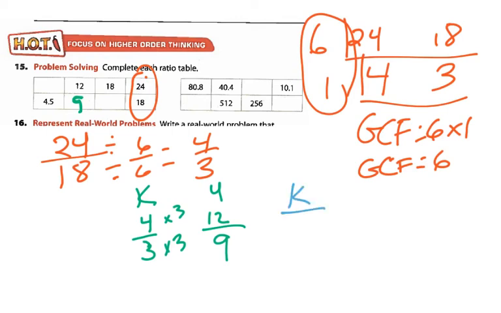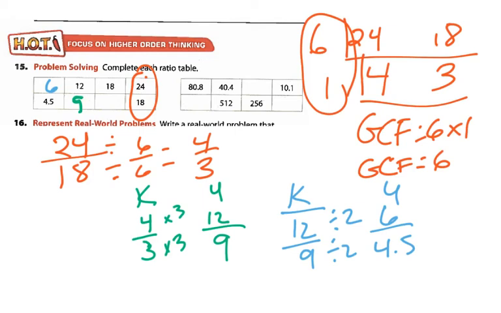Okay. I know that I have 12 over 9. I'm trying to figure out how to get to 4.5. Well, I would have to divide by 2. And if I divide my denominator by 2, I divide my numerator by 2. So this is a 6. Okay. So that should make sense, right?